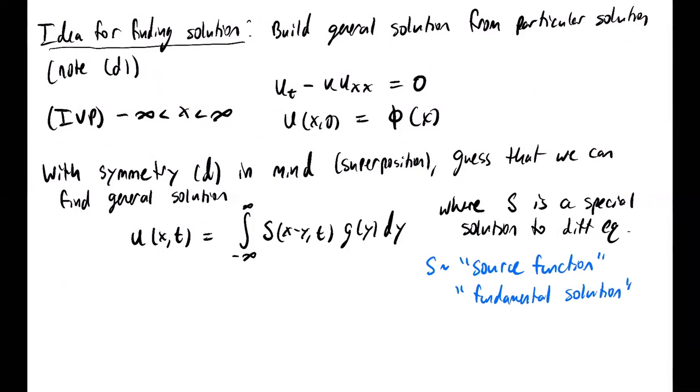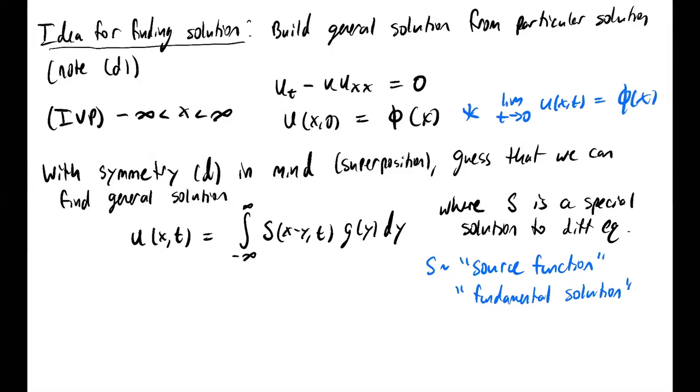Okay, and so let's analyze this further. The first thing that you need to take into account is the initial condition, right? If there's no initial condition, it's a lot harder to find solution formulas, as we've seen. And so it's going to be important that my function u is equal to phi when t is equal to 0. You can think of this in a limiting sense, right? The limit as t approaches 0 of u of x t, whatever the solution is, should always converge to phi of x, which is your initial condition.